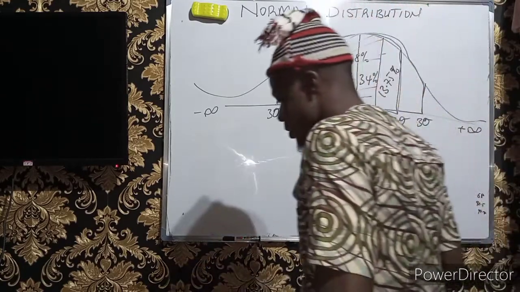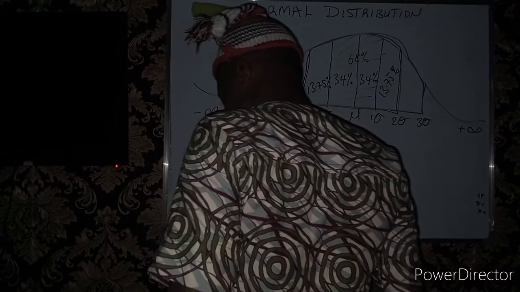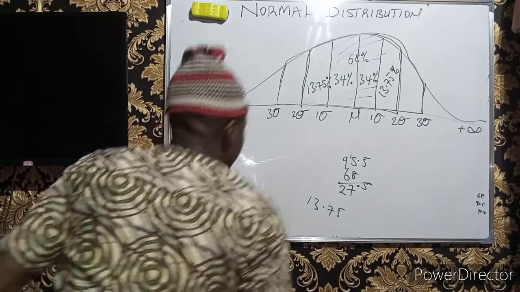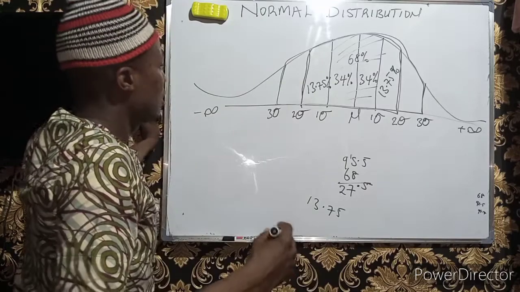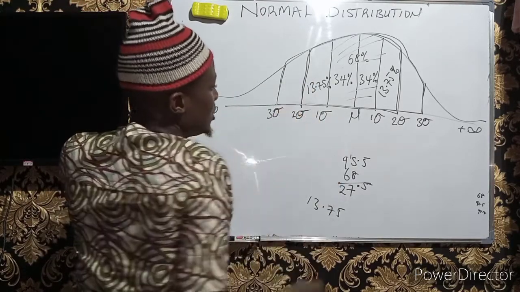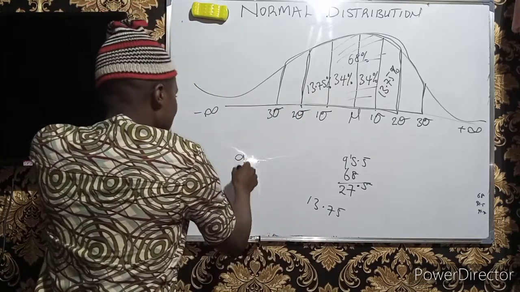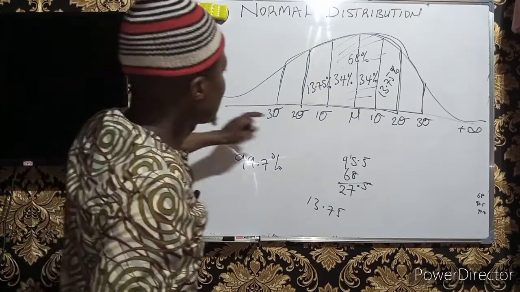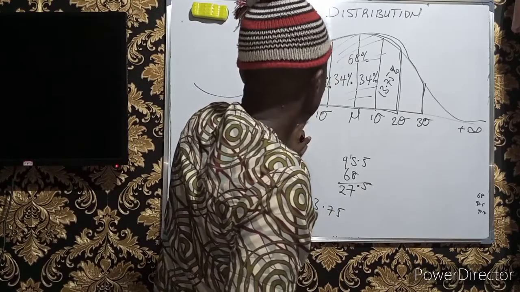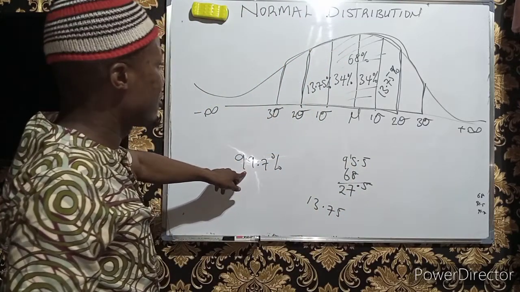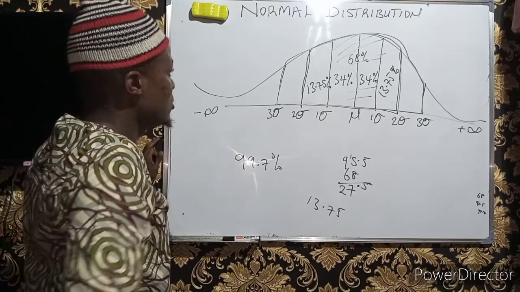Now, from calculation, it is seen that the total area covered from the third deviation is equivalent to 99.7%. And since the first two deviations covered 95.5%, I've got to remove 95.5% from 99.7% to know the leftover.